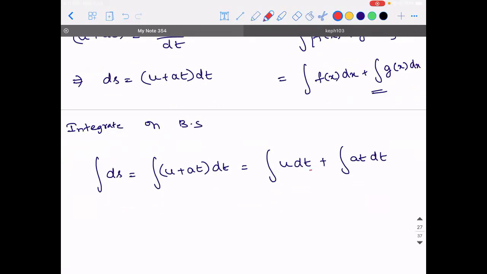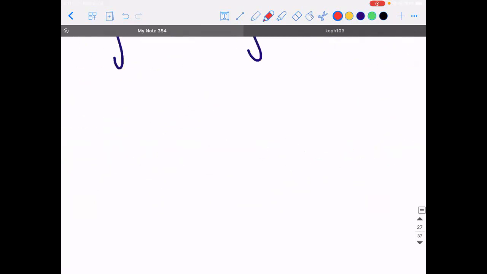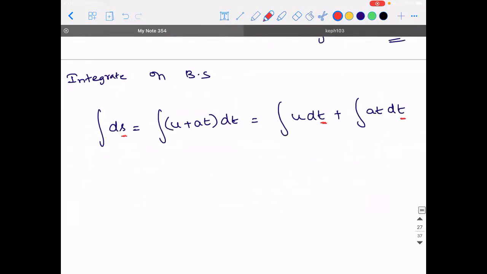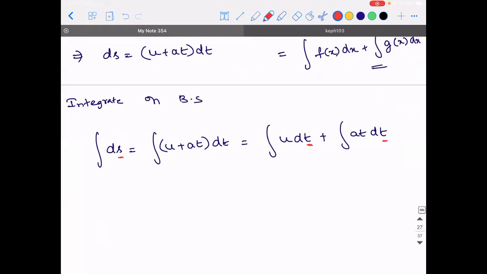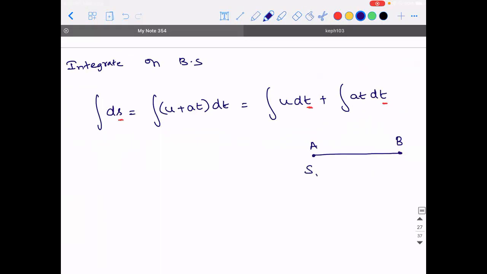Observe here the variable is time. Here also the variable is time. Here the variable is displacement, right? If I take 2 points A and B, if I say the initial displacement of the object is SI is equal to 0, and the final displacement of the object S final is equal to S, and if I take T initial to be 0 and T final to be T, now observe what I can do.